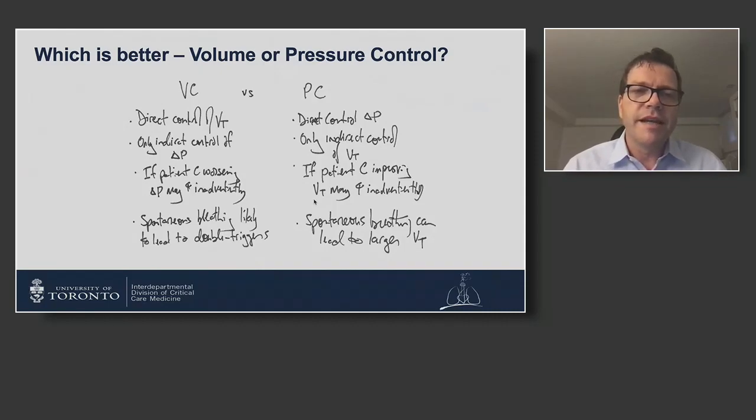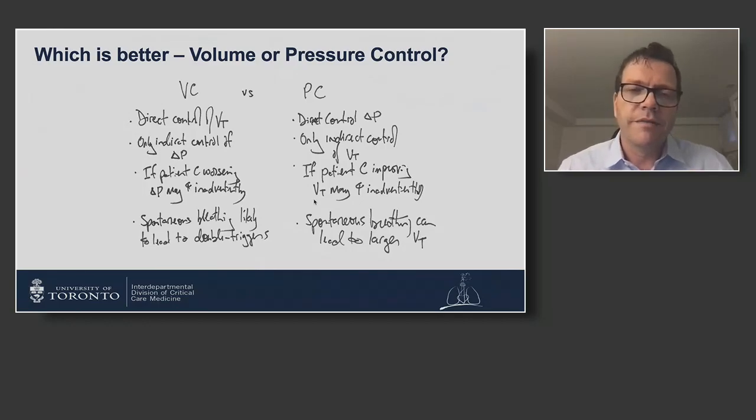If the patient's compliance is worsening, their driving pressure may rise inadvertently. You may not notice. On the other hand, for pressure control, you have direct control of driving pressure, but only indirect control of tidal volume. And conversely, if the patient's compliance is improving, tidal volume may increase inadvertently.